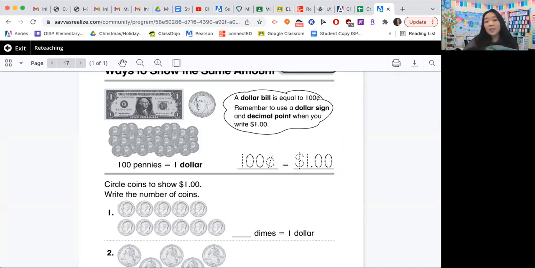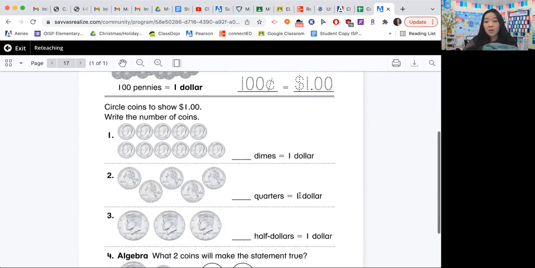A dollar bill is equal to 100 cents. Remember to use a dollar sign and decimal point when you write $1. So 100 pennies equals $1. So 100 cents is equal to $1.